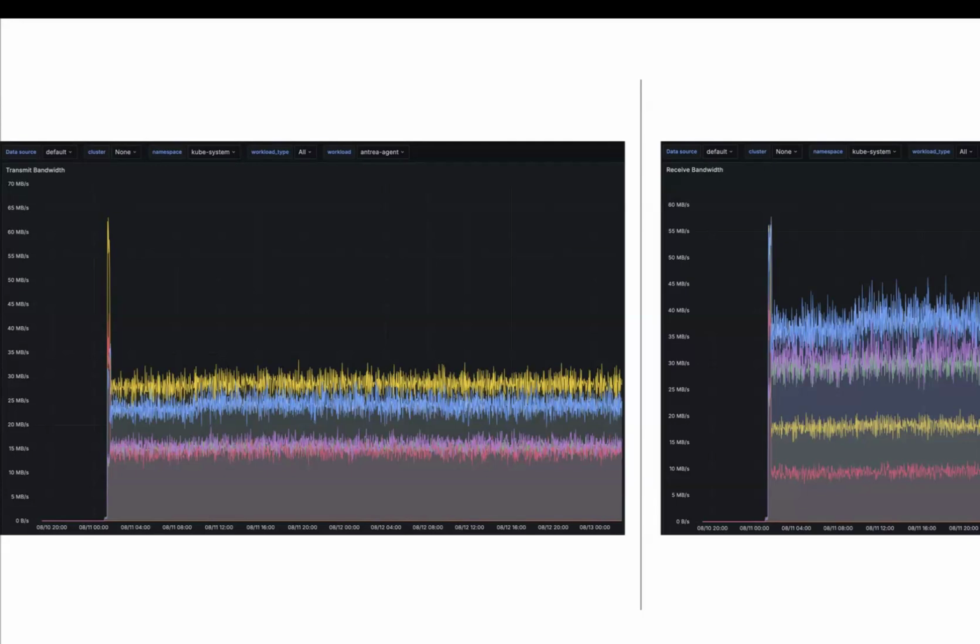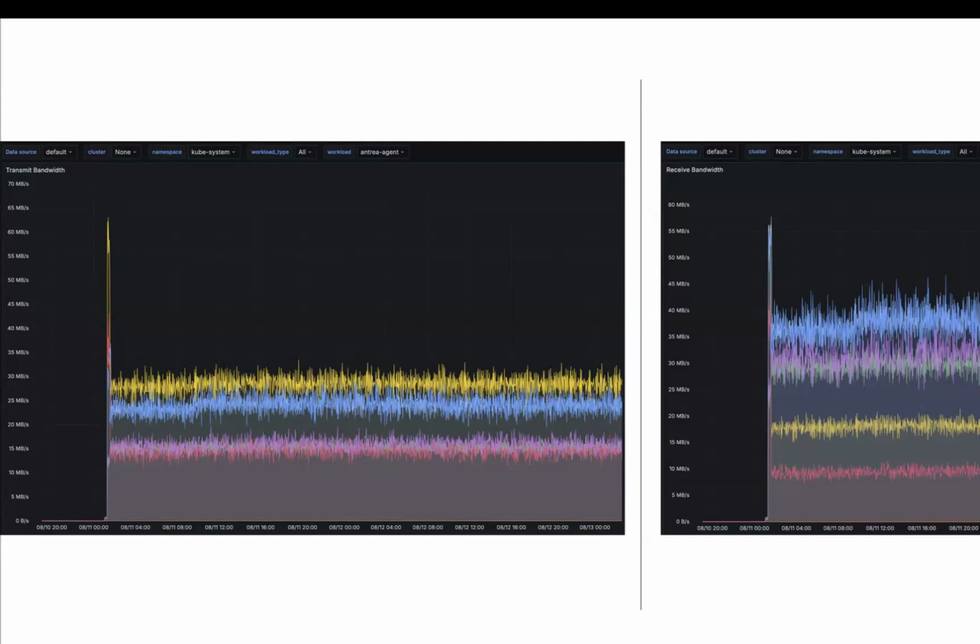Okay, maybe then you could also compare, for example, kube-proxy and the Antrea agent on the same node to see if they have exactly the same transmit bandwidth. If they are the same, I believe this belongs to the whole network namespace instead of each component. And I don't really know if there is a tool to collect process-level bandwidth.